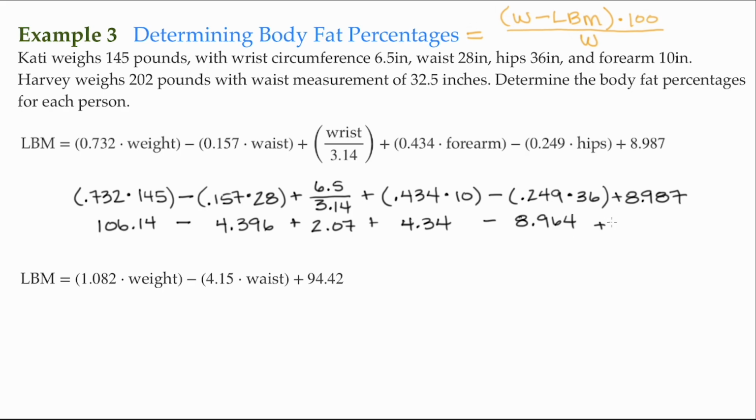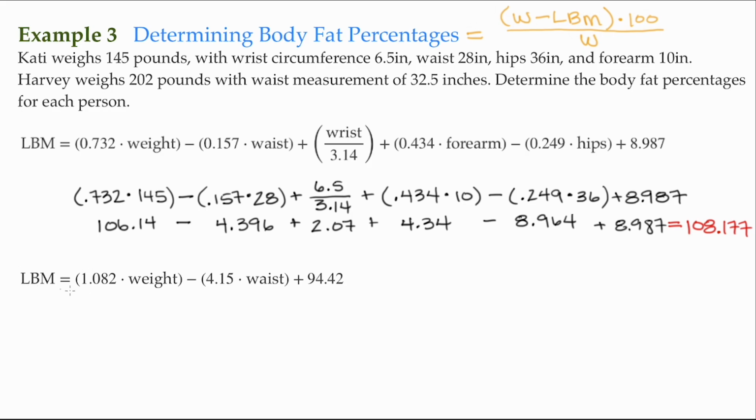And then we add on 8.987. Go ahead and do the arithmetic all the way through, and Katie's lean body mass is 108.177.